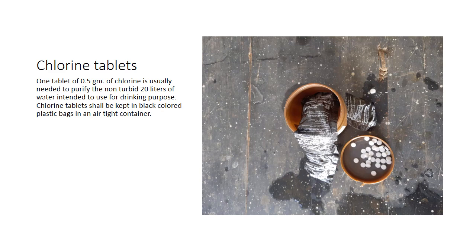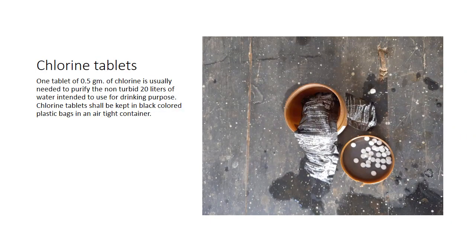In urban slums and in vast rural areas, chlorine tablets are commonly used for purification of water. Chlorine is a highly reactive element, so chlorine tablets are packed in black color plastic bags. Chlorine tablets should be kept in an airtight container.